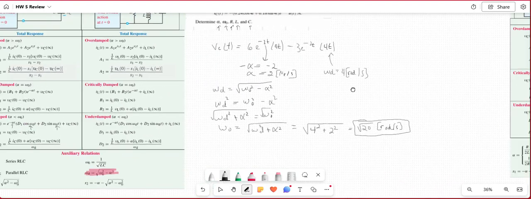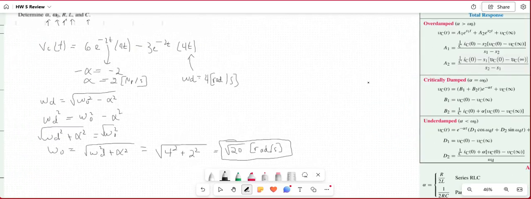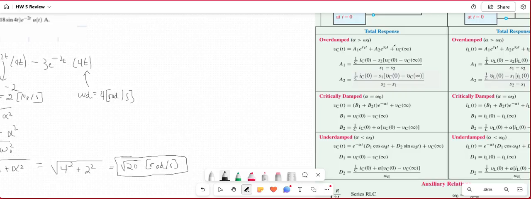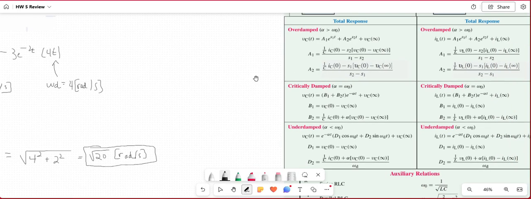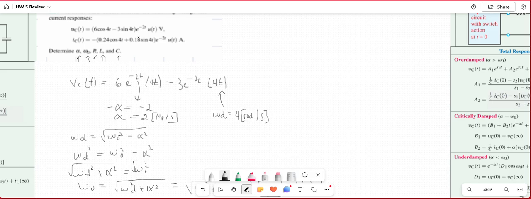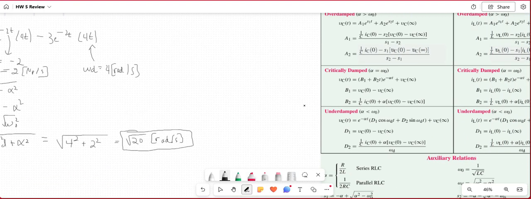To find RL and C, we're going to come back to our equations. Remember we said this was underdamped, and we're given VC of t. We're not given IL of t, we're given VC of t, so we're going to look at the VC of t equations over here.